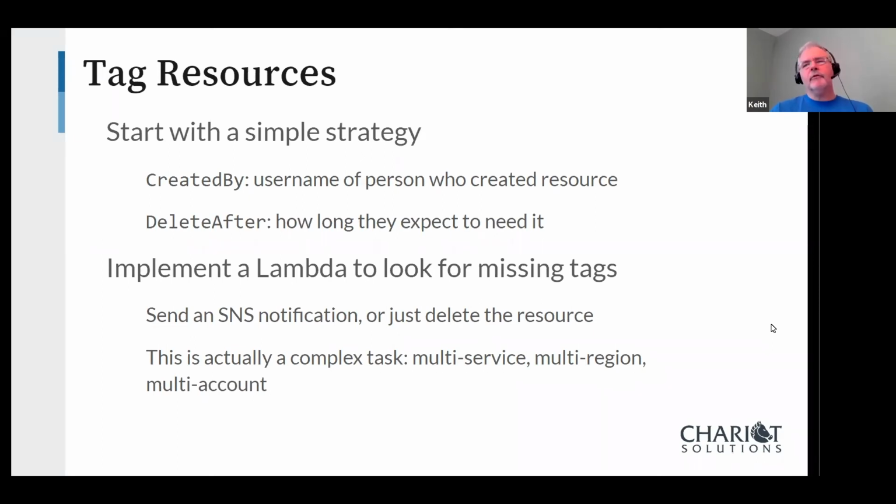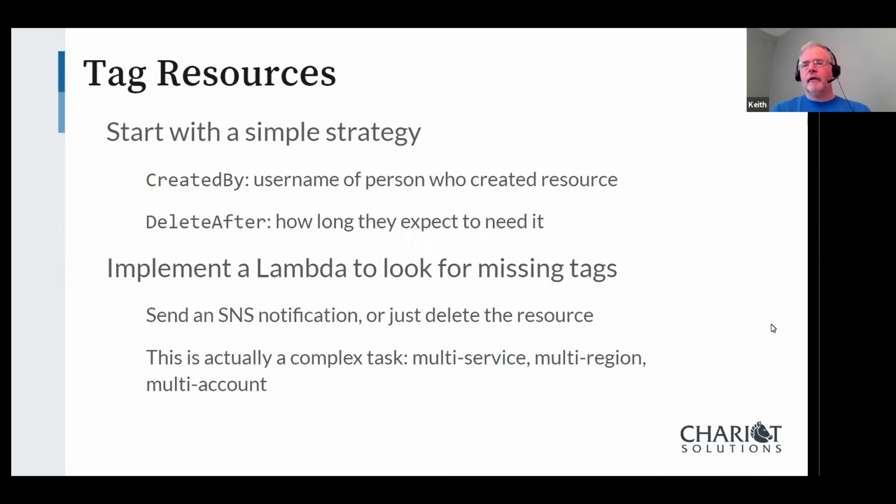Now, if you come through a month later and see that, should have been deleted 3 weeks ago, you can feel safe to do it. A lot of companies go past the simple strategy and have lambdas that start looking for missing tags and either send notification to the users or just go and delete.